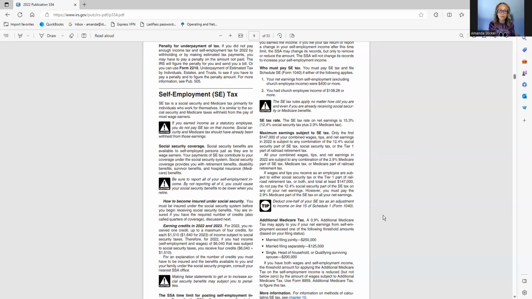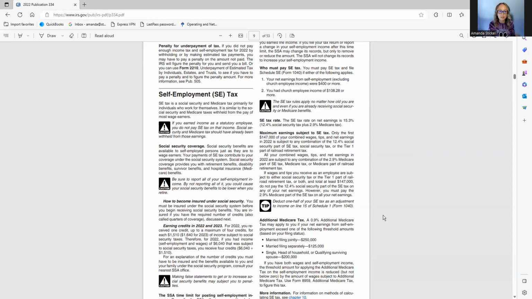For 2022, you received 1 credit up to a maximum of 4 credits for each $1,510, or $1,640 for 2023, of income subject to Social Security taxes. Therefore, for 2022, if you had income, self-employment and wages, of $6,040 that was subject to Social Security tax, you received 4 credits, which is $6,040 divided by $1,510.